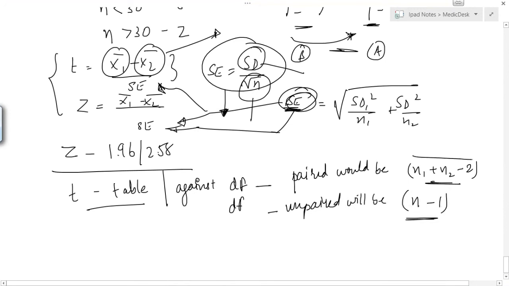So against this degree of freedom, we will see the T value. If it is greater, then it is significant, and if it is lesser than the table value, it is by chance. So that was the statistical exercise of the analytical studies.